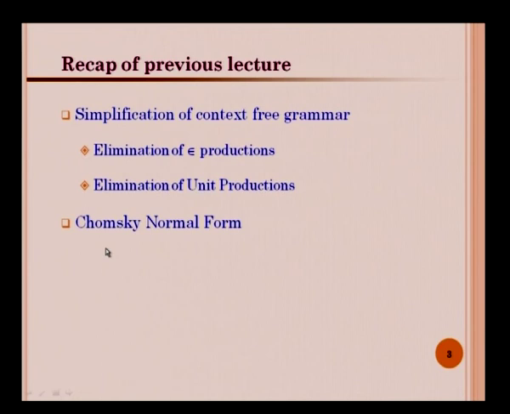A unit production is of the form A derives B, where A is a variable and B is also a variable. That is, the left hand side has a variable which will in turn, during the derivations, be replaced by another variable. Except for going through more steps, as far as the string you are going to parse is concerned, it does not introduce any kind of progress.